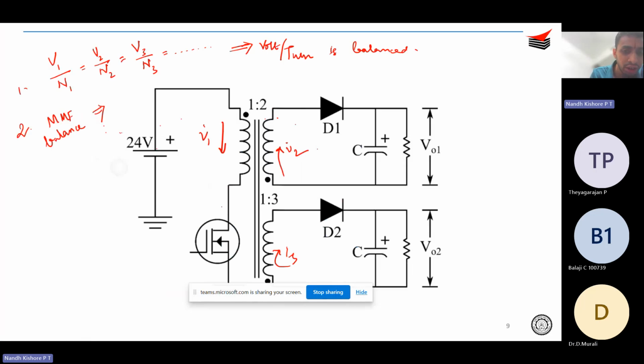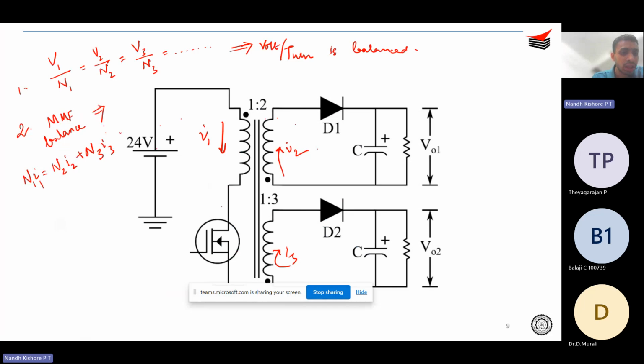What you should see in steady state, ideally if you don't want the transformer to saturate, is N1 I1 equal to N2 I2 plus N3 I3. That is, MMF in the primary should be equal to the total MMF in the secondary. This is something that you will all obviously know. That is N1 I1 should be equal to N2 I2 plus N3 I3.